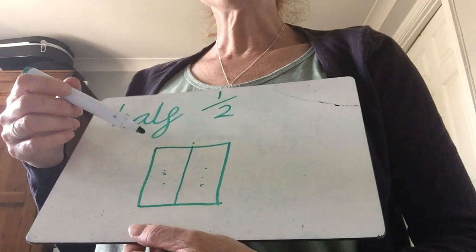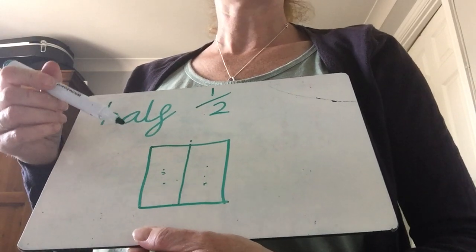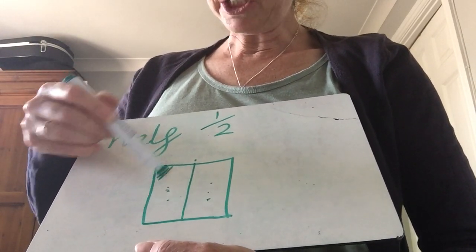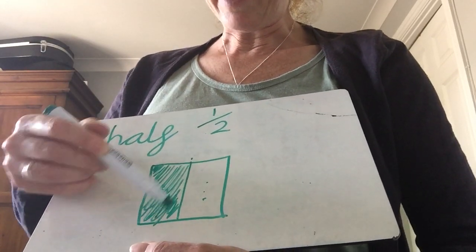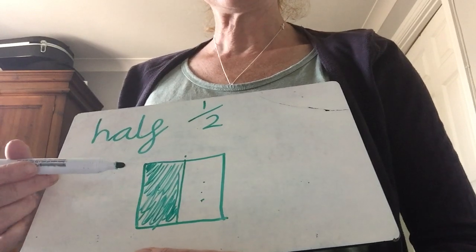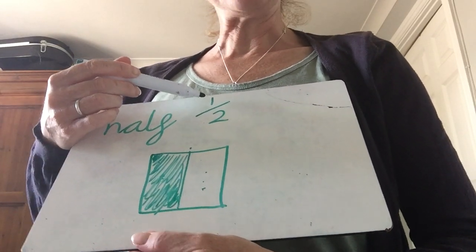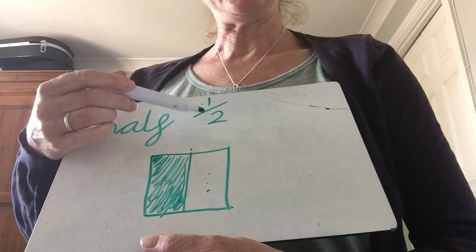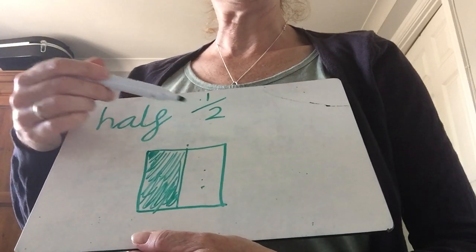If I wanted you to show me half of that, so if I said to you, can you shade in half of this square, you would be shading this bit here, okay? Now, how many bits have I shaded? I've only shaded 1. So my fraction is I've shaded 1 part out of 2, okay? And that is a half. 1 out of 2 is a half.